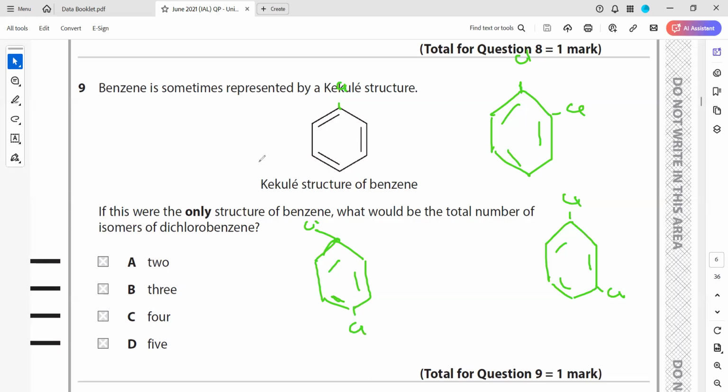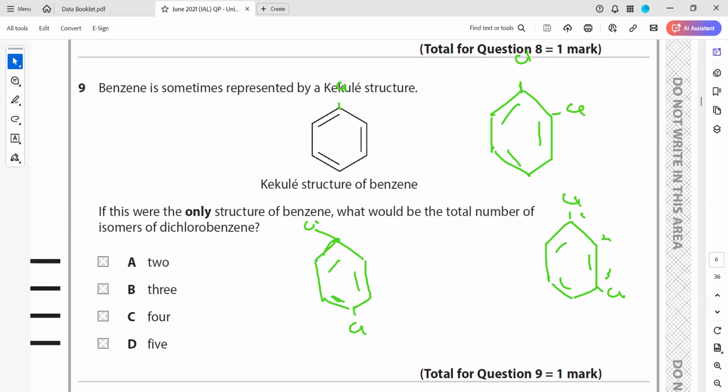So first I have 1,2 dichlorobenzene, or 1,4 dichlorobenzene, or 1,2,3. Sorry, 1, 2, and 3 is there: 1,3 dichlorobenzene, 1,4 dichlorobenzene, and 1,2 dichlorobenzene.